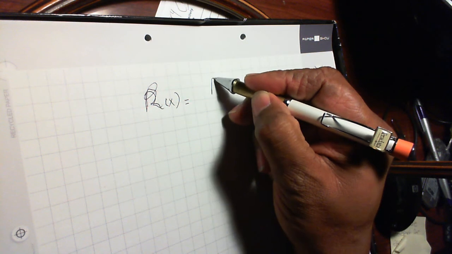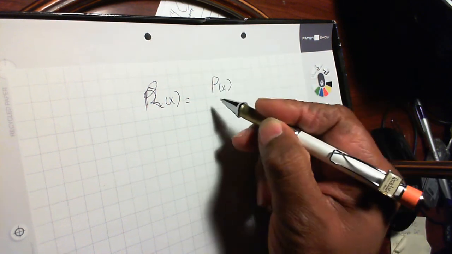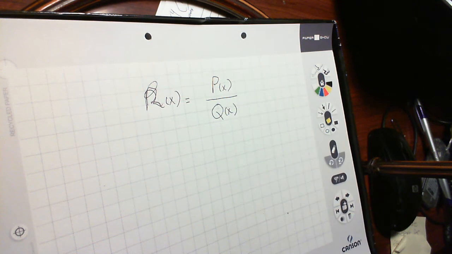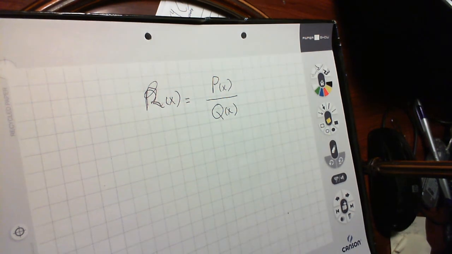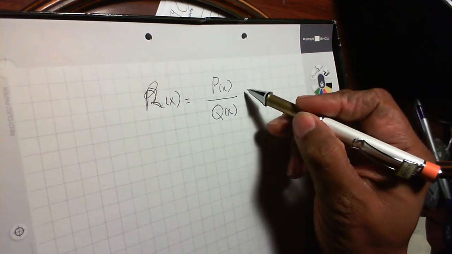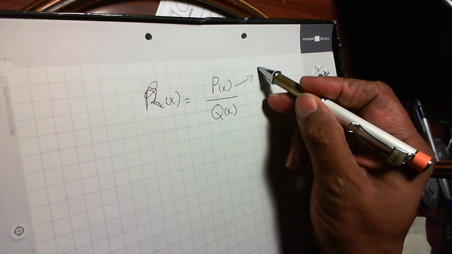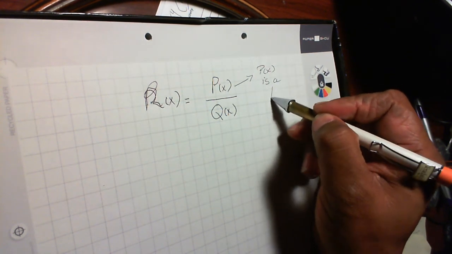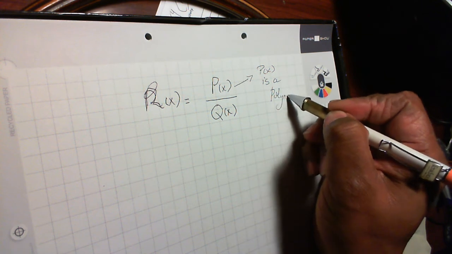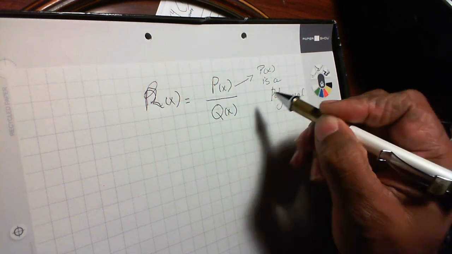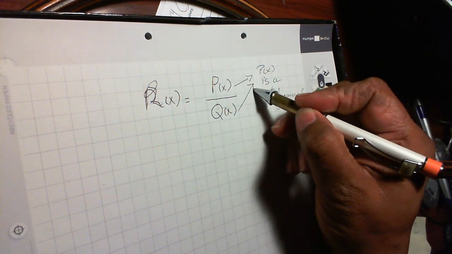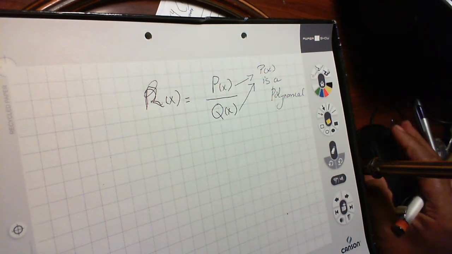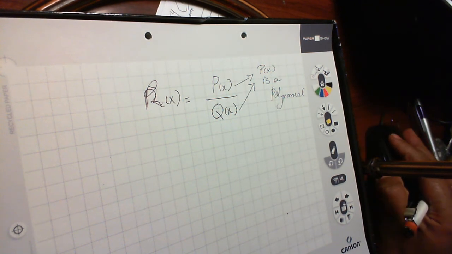So let's say we take P of x over Q of x, in this case, we're assuming that P of x is a polynomial and Q of x is also a polynomial.